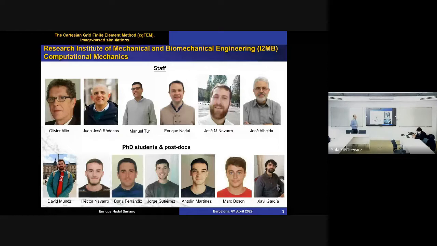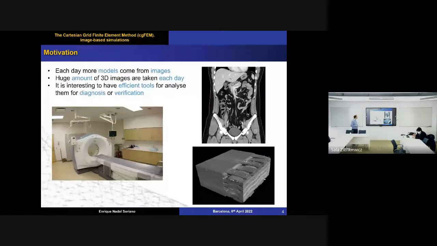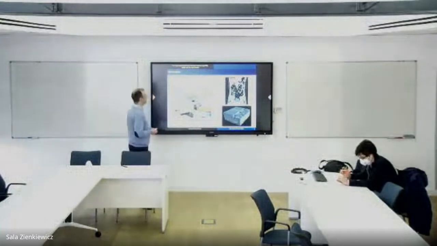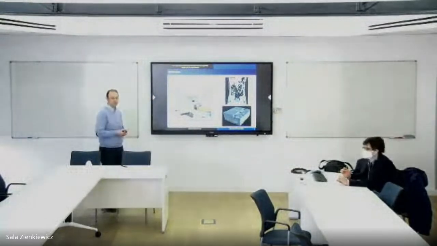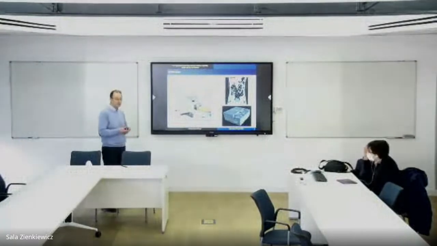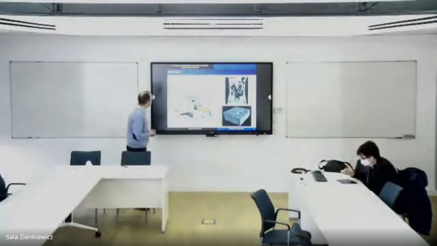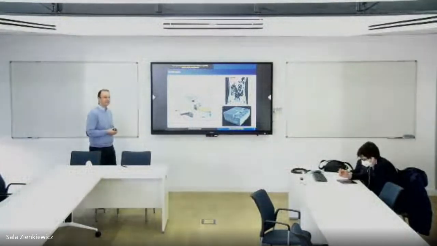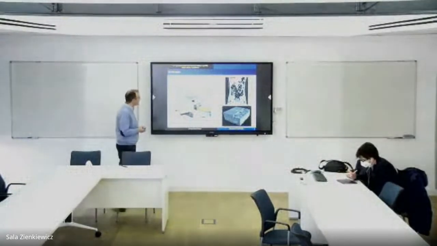Which is the main idea? The main idea is that each day more models come from images. So we want to develop a software tool to easily analyze what's happening in the images regarding the structural analysis. There is a huge amount of 3D images that are being taken every day.